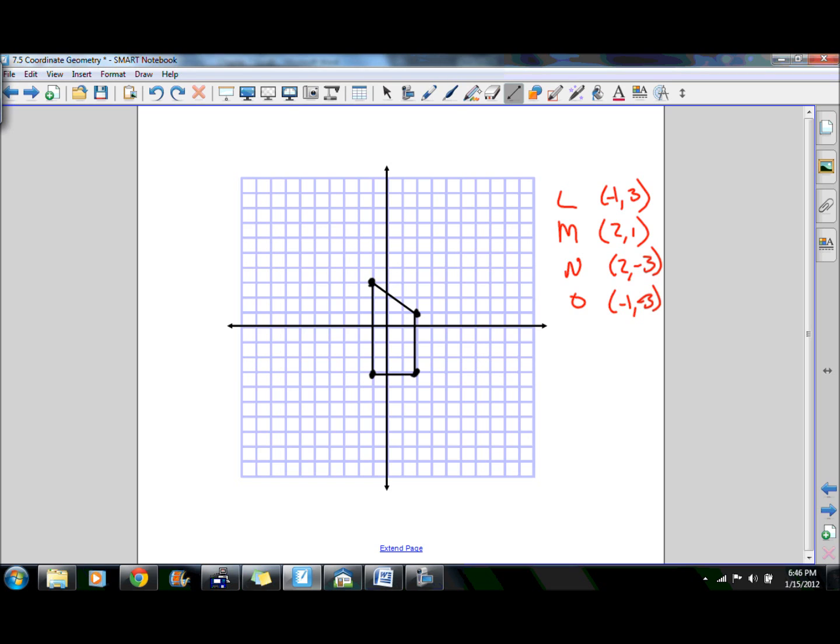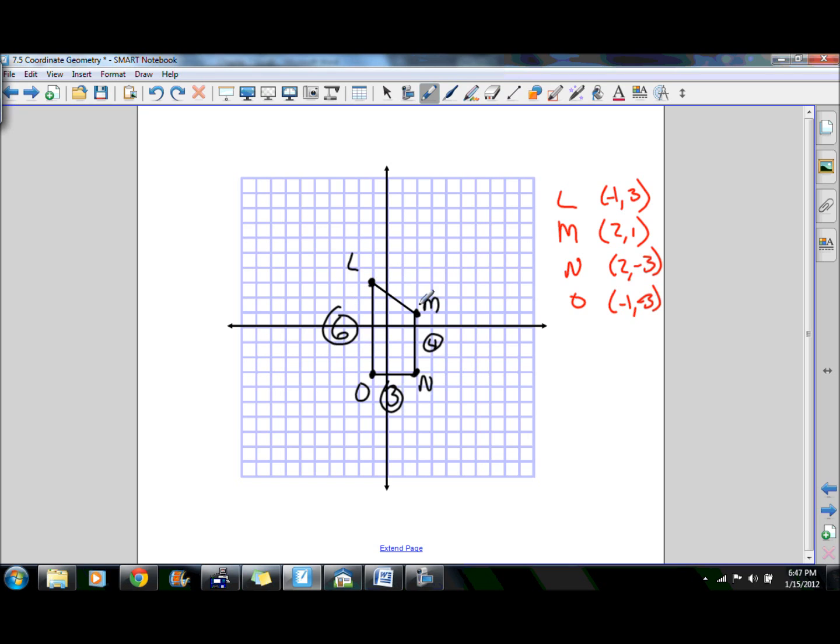Alrighty, so we have L, M, N, O. Right here we have MN is 1, 2, 3, 4. That's how long that is. ON is 1, 2, 3. And OL is 1, 2, 3, 4, 5, 6.